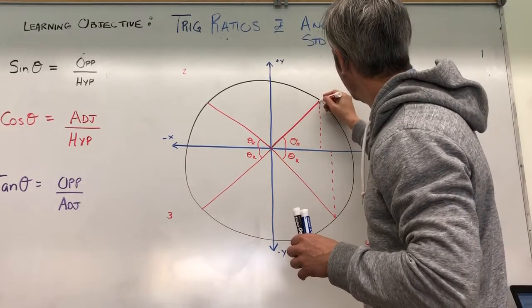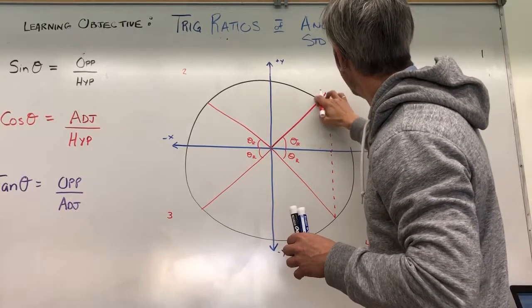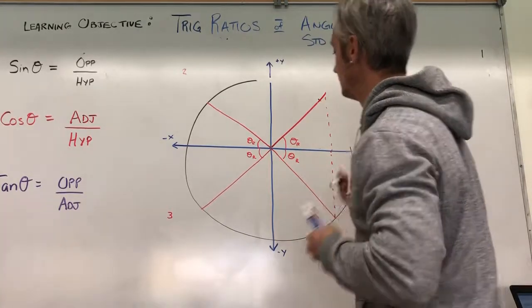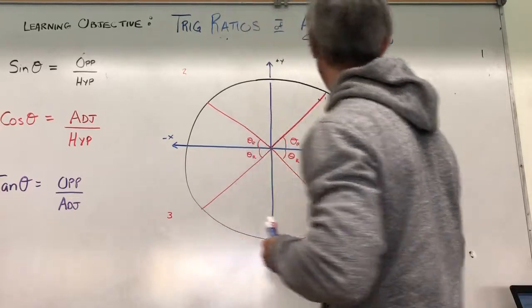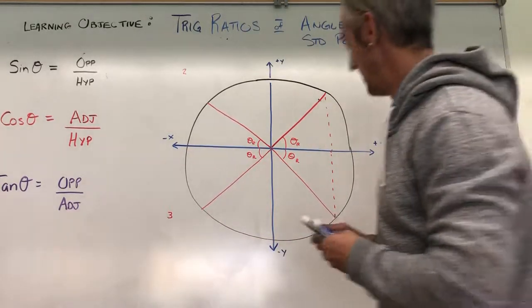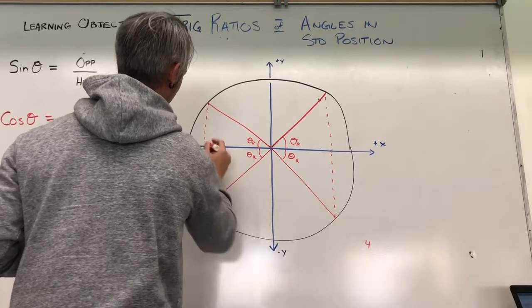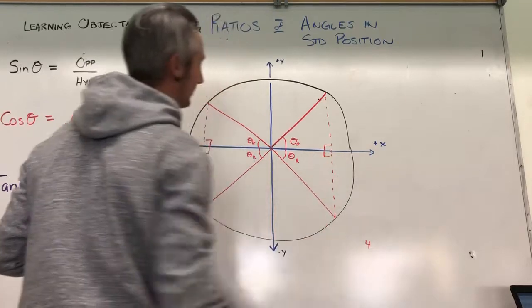This should technically line up here, so let's fix this poorly drawn unit circle. And this is going to line up with down here. So we have a right angle here, right angle here, right angle here, right angle here.